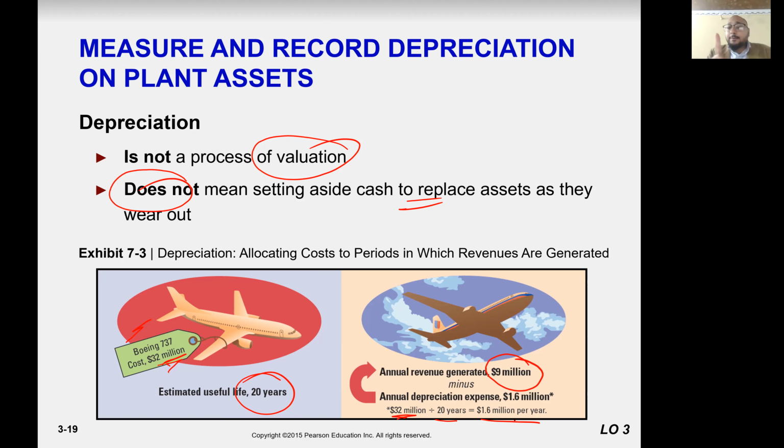So every year you use 1.6 million of the Boeing 737 to generate sales of 9 million. This is what we mean here. So you spread the cost of the airplane, 32 million, over 20 years, and every year you use a portion of its cost to charge or deduct from the revenue of 9 million.